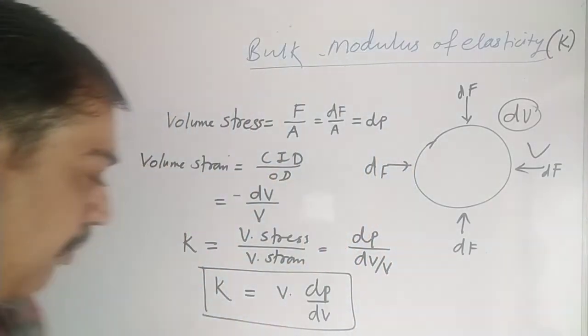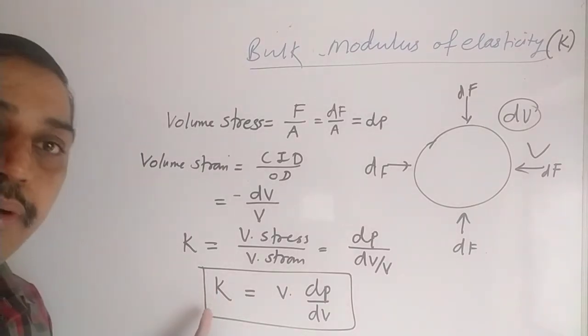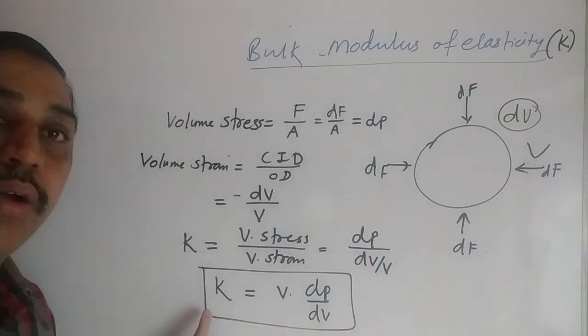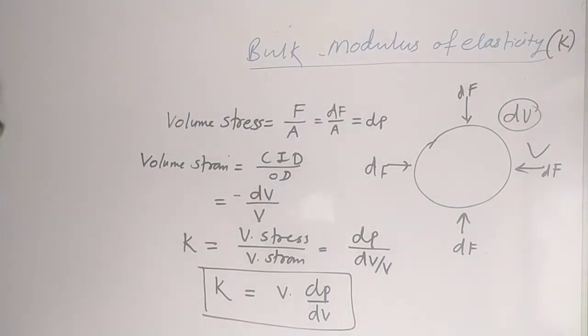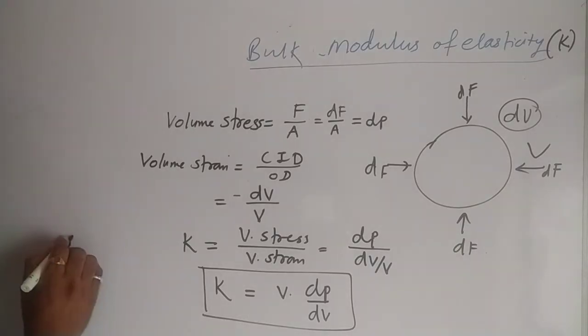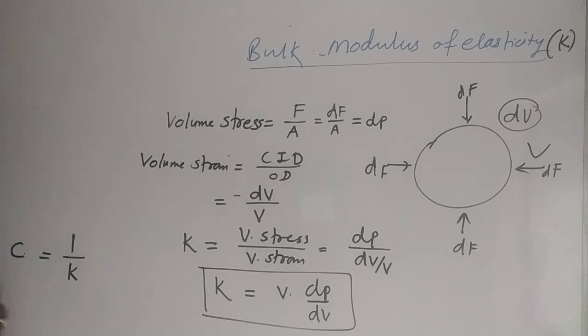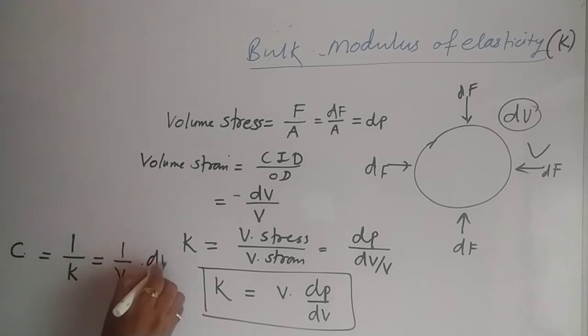The reciprocal of this bulk modulus gives the compressibility. How can we find it out? Just look here. If I take 1 divided by K, that is said to be C, for compressibility. So compressibility equals the reciprocal of bulk modulus. So we can write this equal to what? 1 by V dV by dP. Exactly opposite of this, the reciprocal of this.